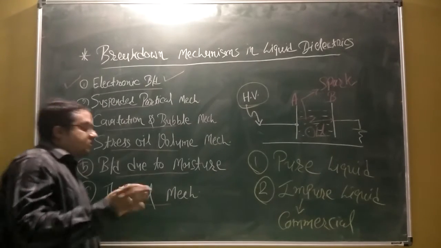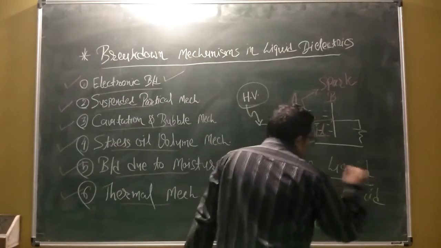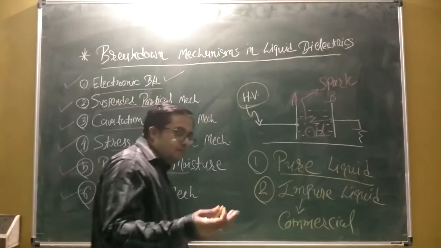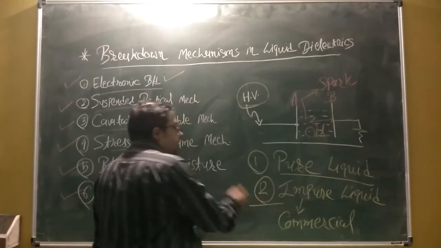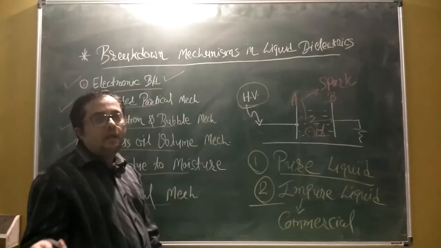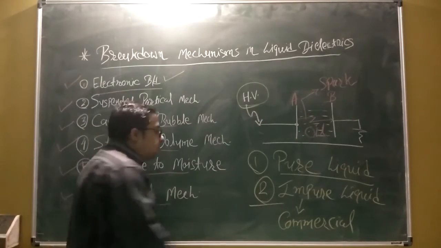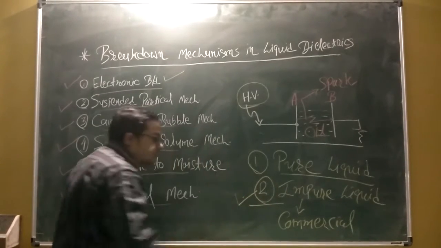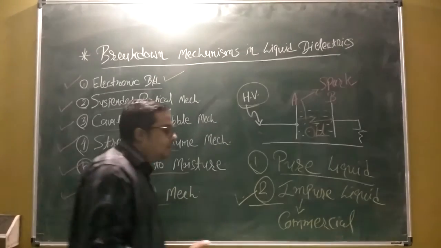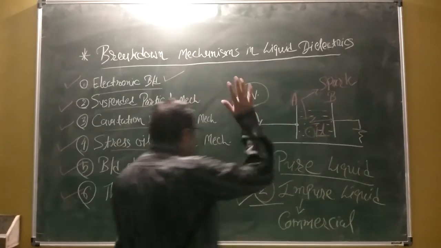Generally the cost of the pure liquid dielectric is obviously more as compared to the commercial one. Industries are always thinking of the cost, so they prefer to use commercial liquids, and commercial liquids always contain some percentage of impurity.